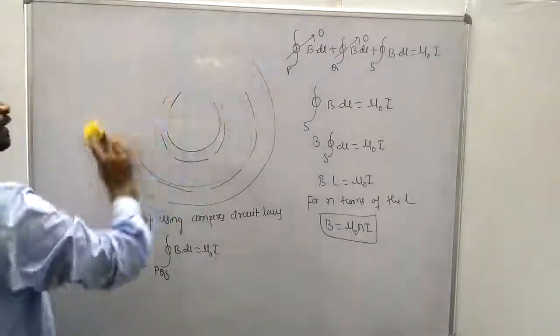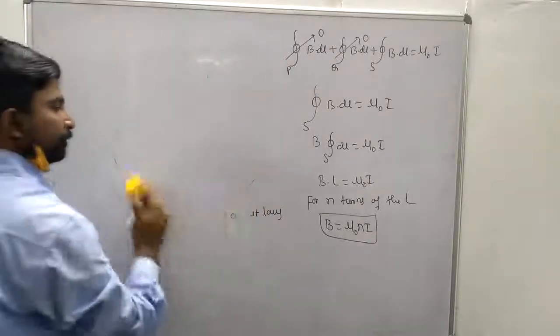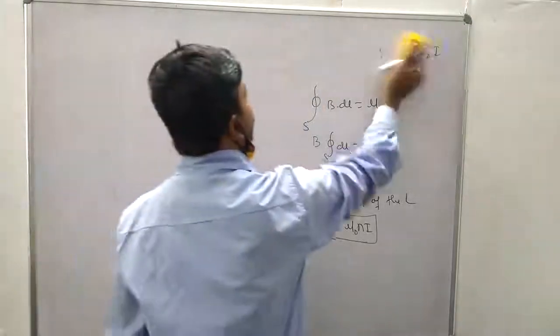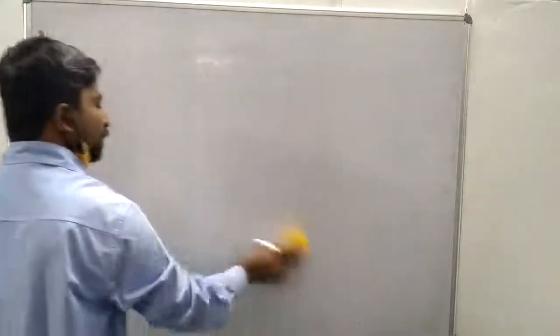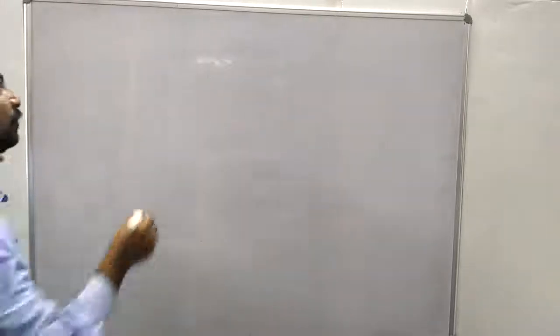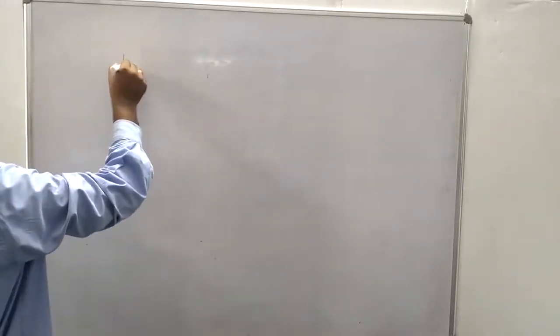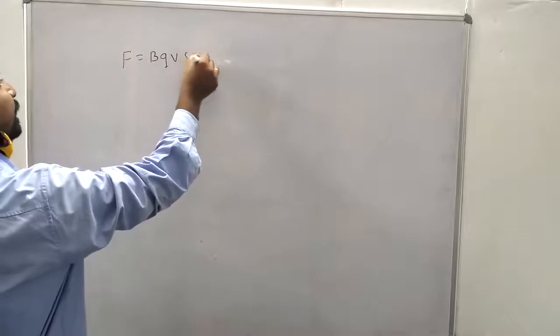Next concept is force between two parallel conductors carrying a current. Before understanding this, there is something you should know first. I have already told you about magnetic force, F is equal to B Q V sin theta.